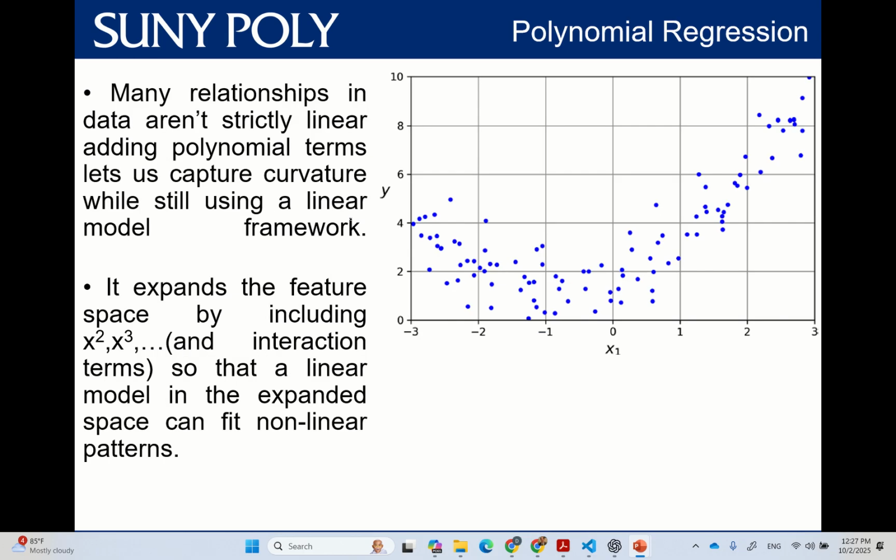Okay, there are other ways to handle nonlinearities. For example, here we have these observations, this y and x. But you can see clearly that a linear regression model won't be able to fit this line. We're not getting the pattern here.